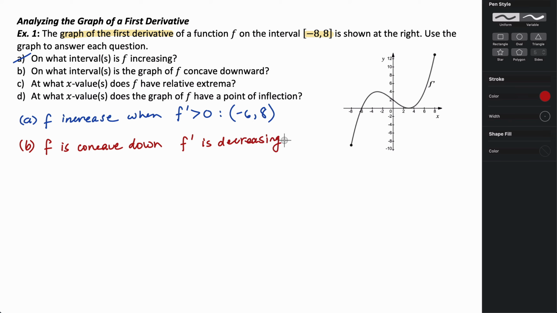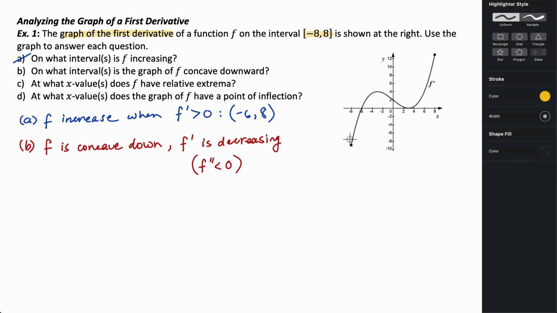Now, if we're using the test for concavity, this is also true when the second derivative is negative, right? So if the second derivative is negative, then the function is concave down. But again, we're dealing with f prime here, so we want to know when f prime is decreasing.